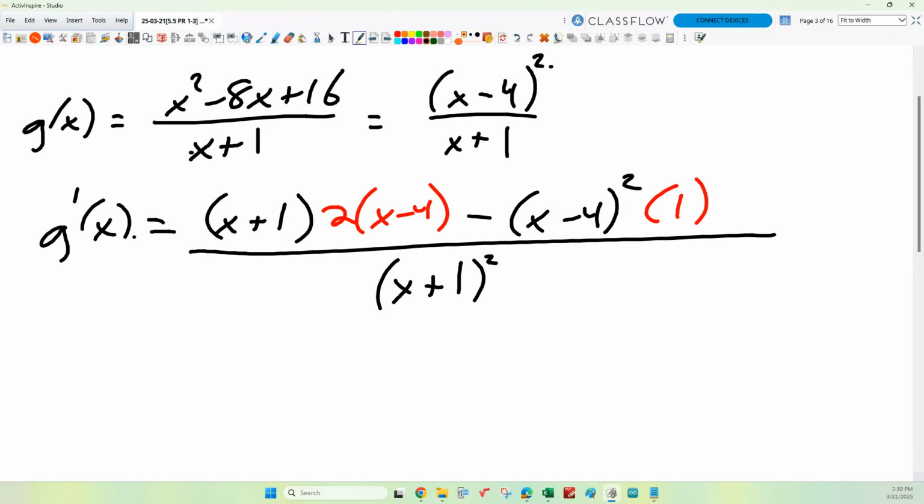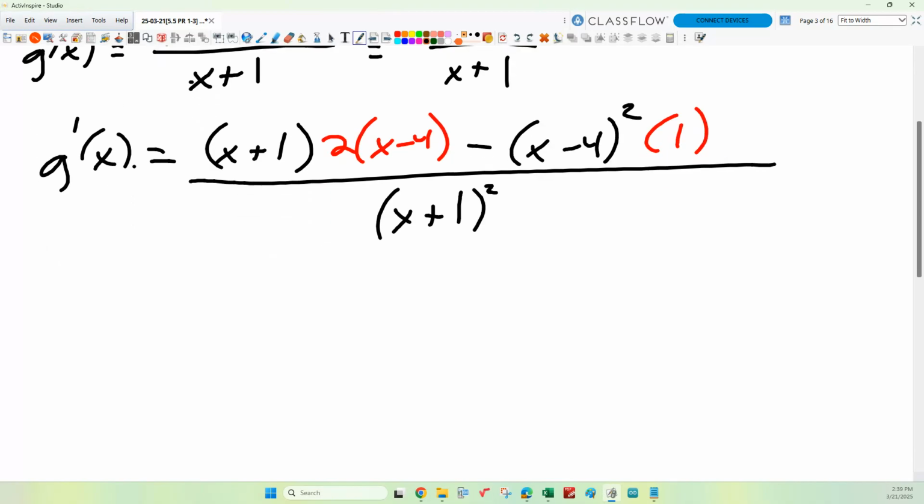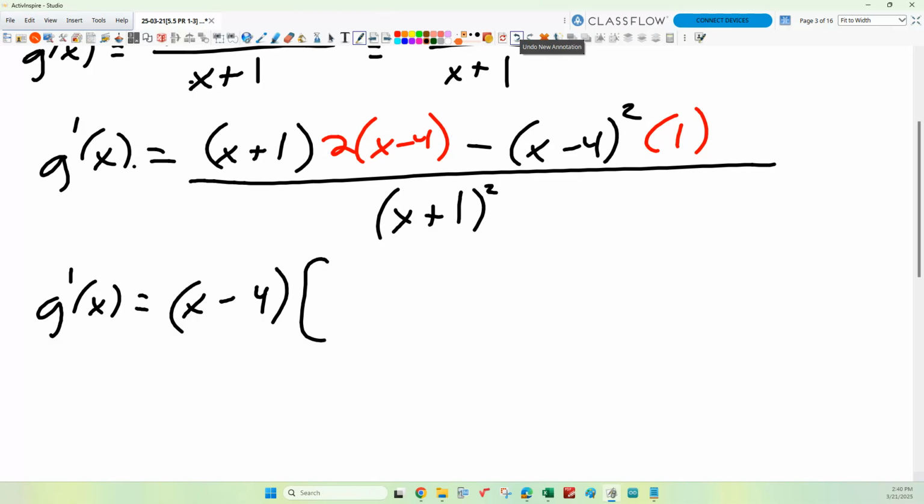Everybody agree? So far, so good? Okay, what could we do in the top? Well, look, we could factor out, I have an x minus 4 in each of those two terms. So we'll factor out an x minus 4. And then what's left behind?